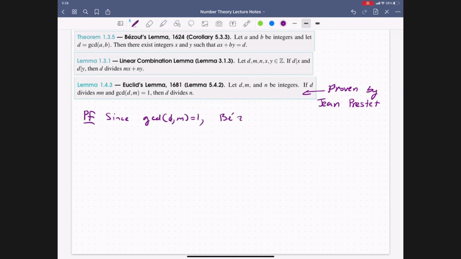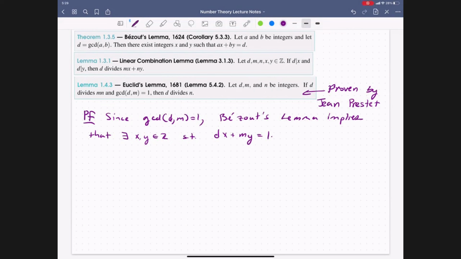Then Bézout's lemma implies that there exist x and y in the integers such that d times x plus m times y is equal to 1.